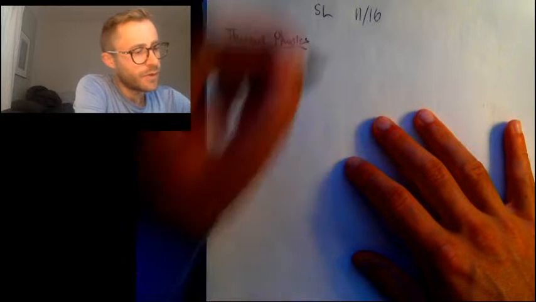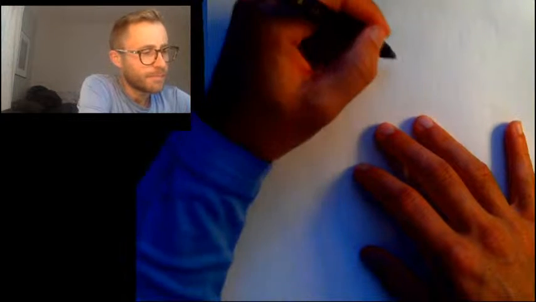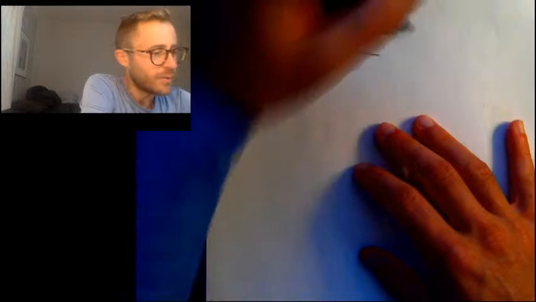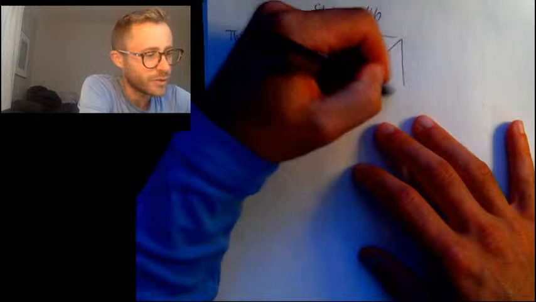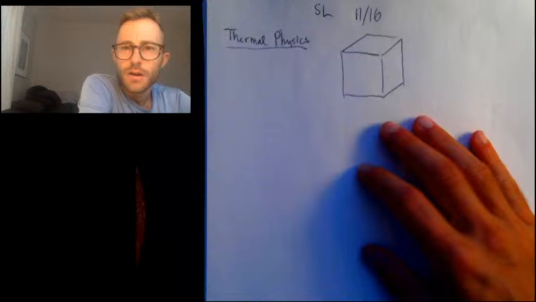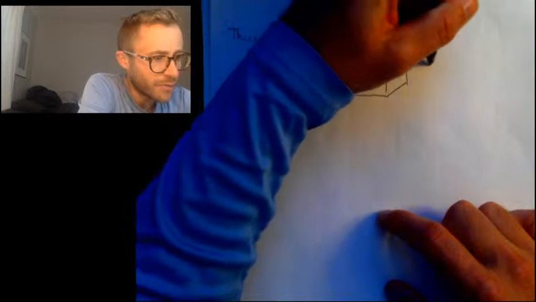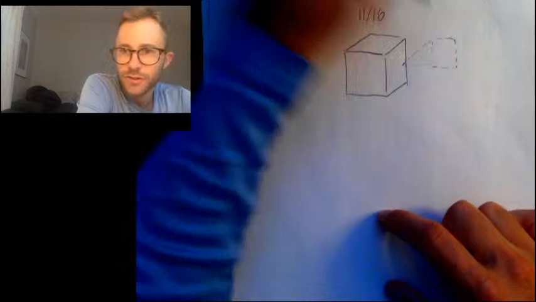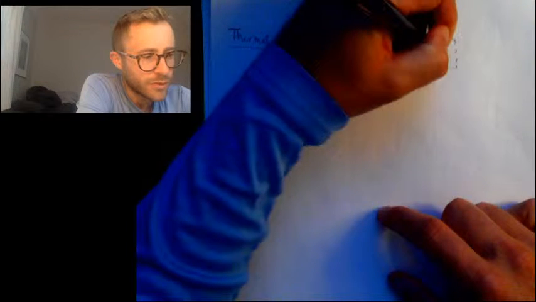So what I want to talk about is, if you have a sample, let's say you have a material. I'm just going to say that this material is shaped into a cube. And if you were to zoom in a whole lot at any part of that and blow that section up, you would see a bunch of atoms / molecules.